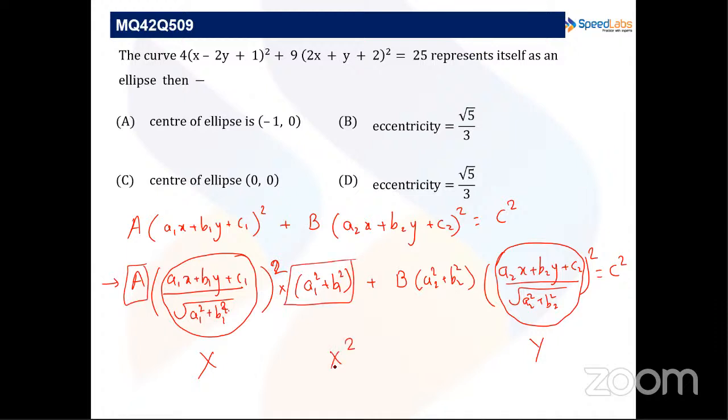So we will be getting x square upon a1 square plus y square upon b1 square equals to 1.